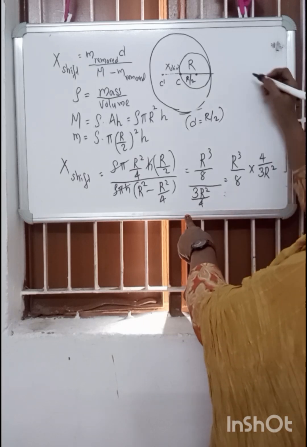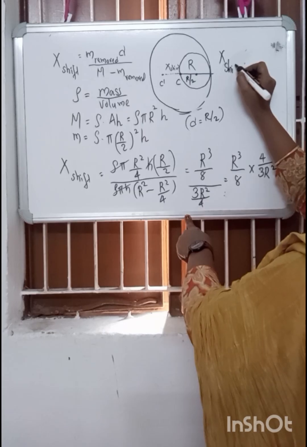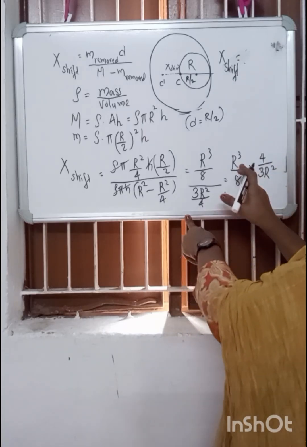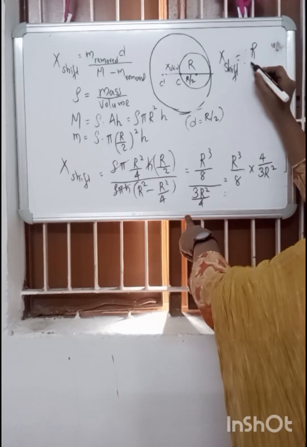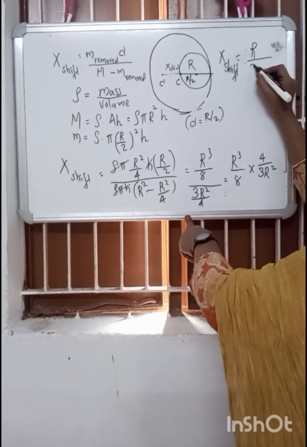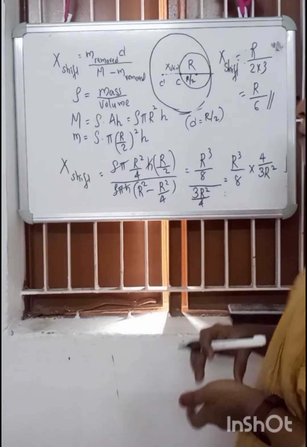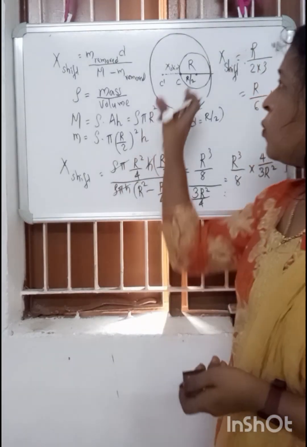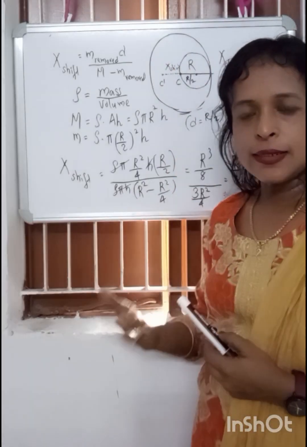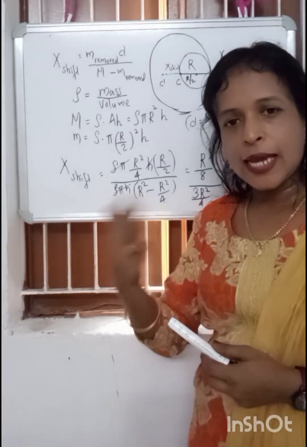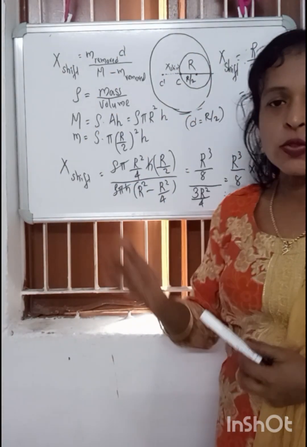The final answer is x shift equals, one of the r's cancels, r divided by 4 and 8, that is 2 into 3, so r by 6 is the answer. Suppose instead of this we remove a square. What is the final answer? What is the x shift? It will change according to the mass of the square.